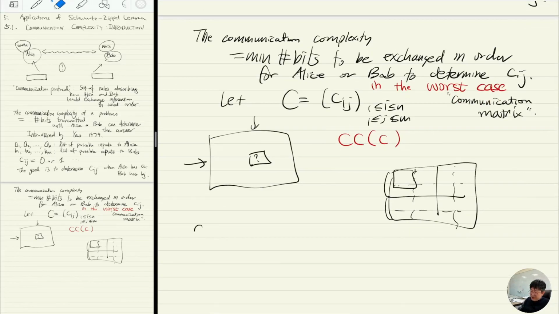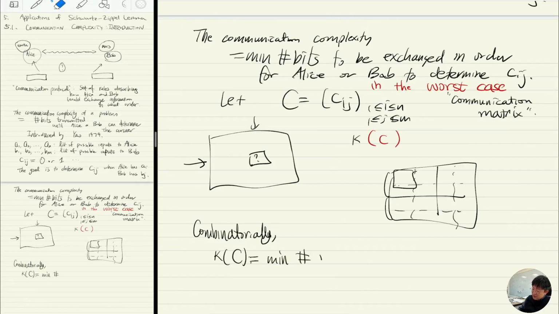So in other words, let's use 1 letter instead of CC, kappa. So combinatorially, kappa of C is equal to the minimum number of rounds in order to partition C into almost homogeneous matrices.